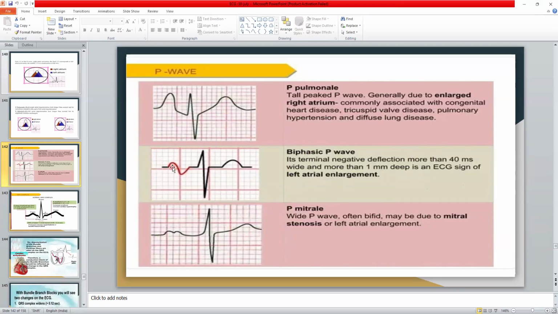In its terminal part, the P wave shows a negative deflection of more than 40 milliseconds wide and more than 1 millimeter deep, this is the amplitude, in an ECG. It is a sign of left atrial enlargement. So, in left atrial enlargement, you can see biphasic P waves or P mitrale.